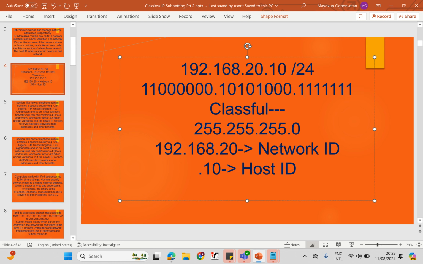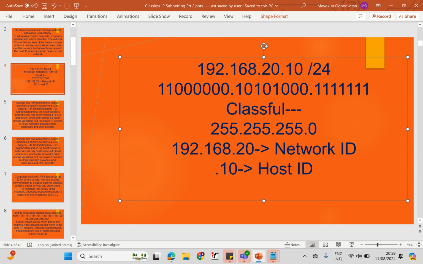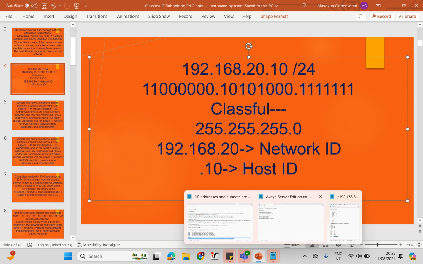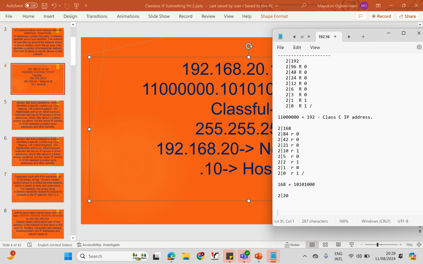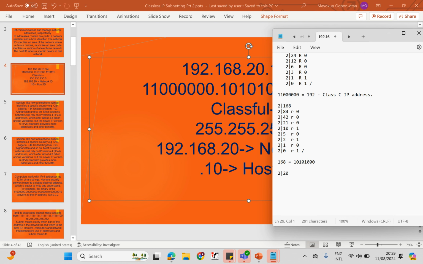So we'll do 20 now. 2 in 20 goes 10, remainder 0. 2 in 10 is 5, remainder 0. 2 in 5 is 2, remainder 1. 2 in 2 is 1, remainder 0.